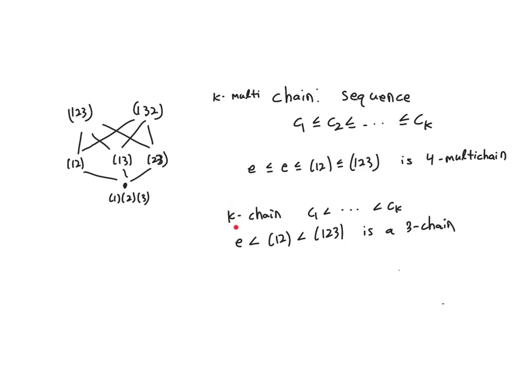And we call it a k-chain if all the inequalities are strict. So we had to remove this e here, and now we have a 3-chain. In general, an n-chain is either a set of n pairwise comparable elements in a poset, or sometimes it's also used to denote a specific poset that only has n elements written in increasing order.